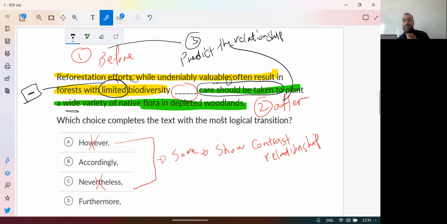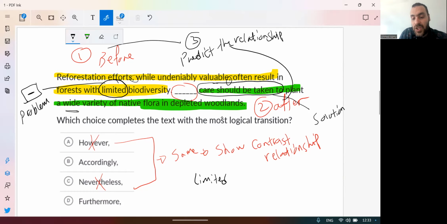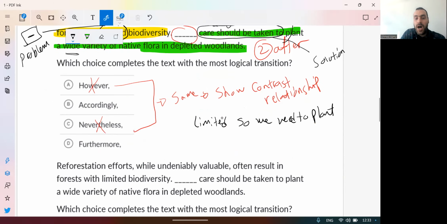As if we have a problem and a solution: this is the problem and this is the solution. So, limited resources, so we need to do something. This is the problem.